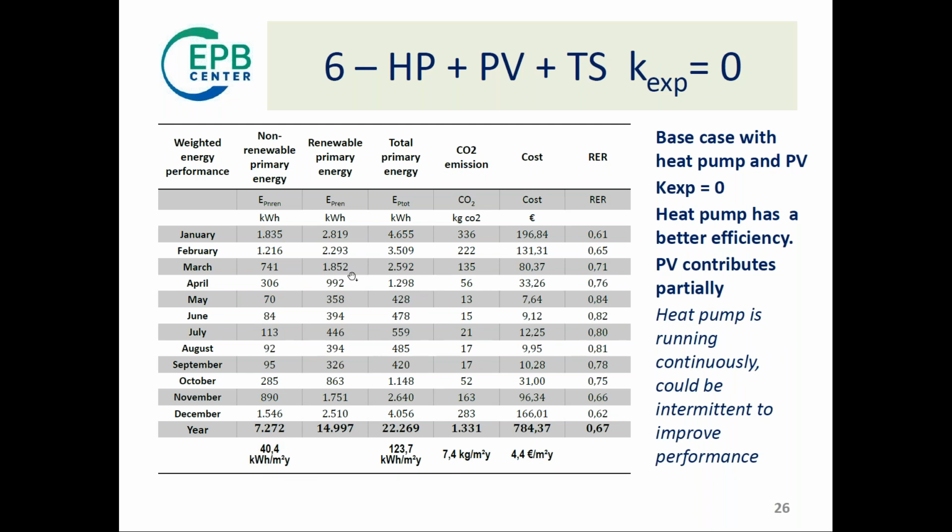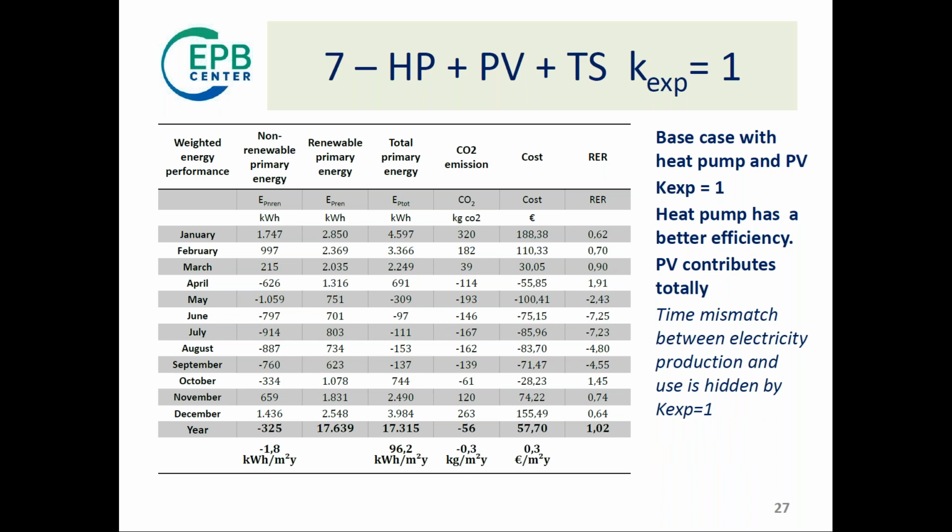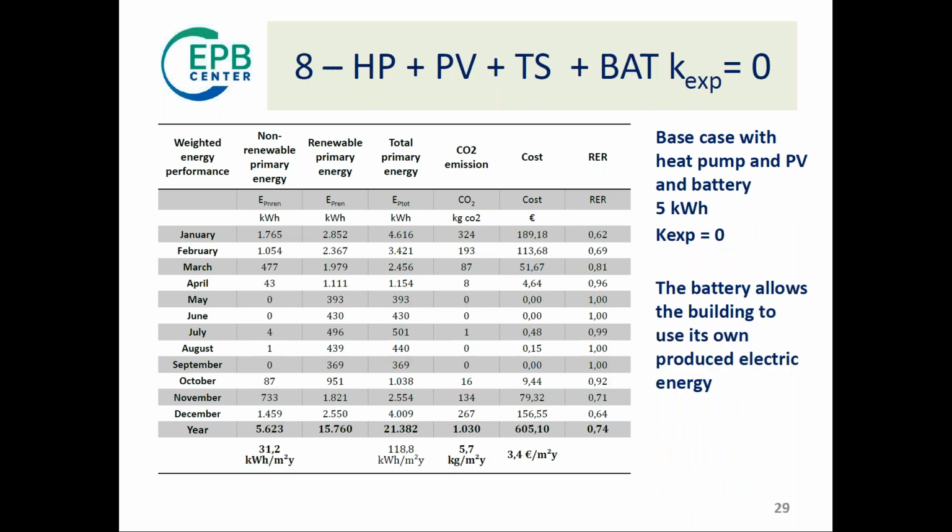And if this condition discards energy because it's not used at the right moment, you can then take into account if you have a battery, and you see 31 in this case instead of 40, because the battery is capable of accumulating energy and giving it back when you need it.